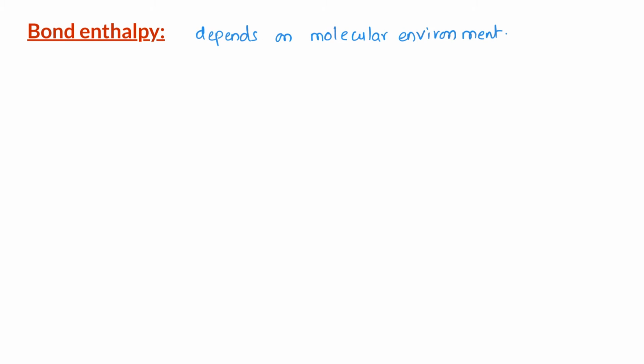The average carbon-hydrogen bond energy also varies from molecule to molecule. For example, the bond dissociation energy in this molecule is 380 kilojoules per 1 mole of bonds, and in the next molecule it is 430 kilojoules per mole of bonds.